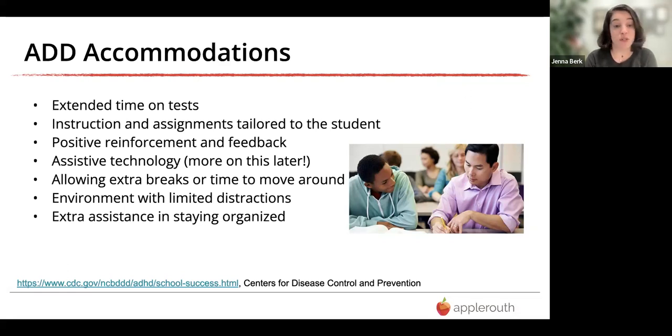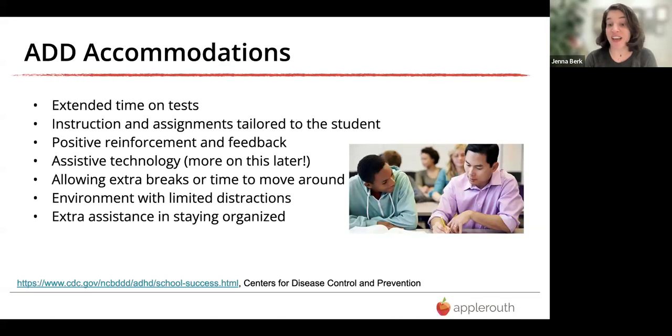Getting positive reinforcement and feedback, assistive technology, which I will get back to, love assistive technology, allowing extra breaks or time to move around, which is so important. If your body is just dying for physical stimulus, the worst thing in the world can be, okay, I need you to sit still for an hour and a half.